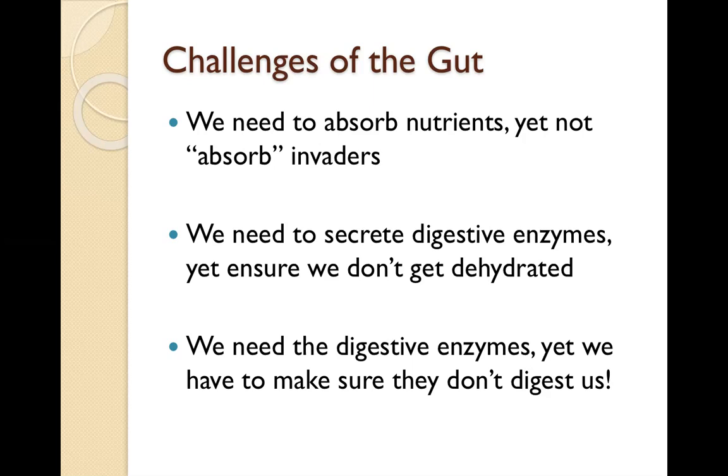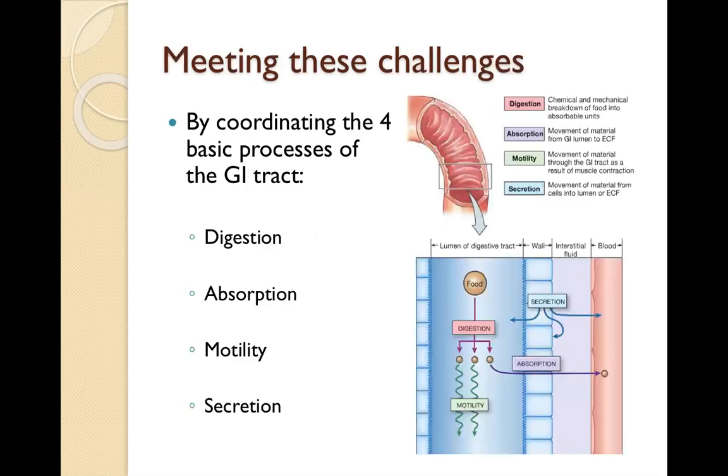The way that we overcome them is that we coordinate 4 processes. The 4 processes that we coordinate are digestion, which is breaking down food into smaller units that we can actually absorb. The second part is actually absorbing those nutrients.